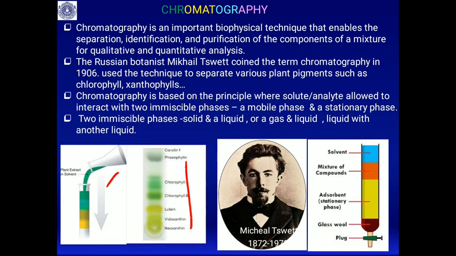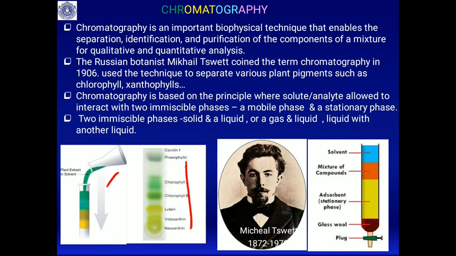chromatographic plate. So, chromatography is based on the principle where the solute or analyte, from which we have to separate the different chemical components or else conduct the analysis, is allowed to interact with two immiscible phases. You will be able to see there will be two immiscible phases, a mobile phase and a stationary phase.